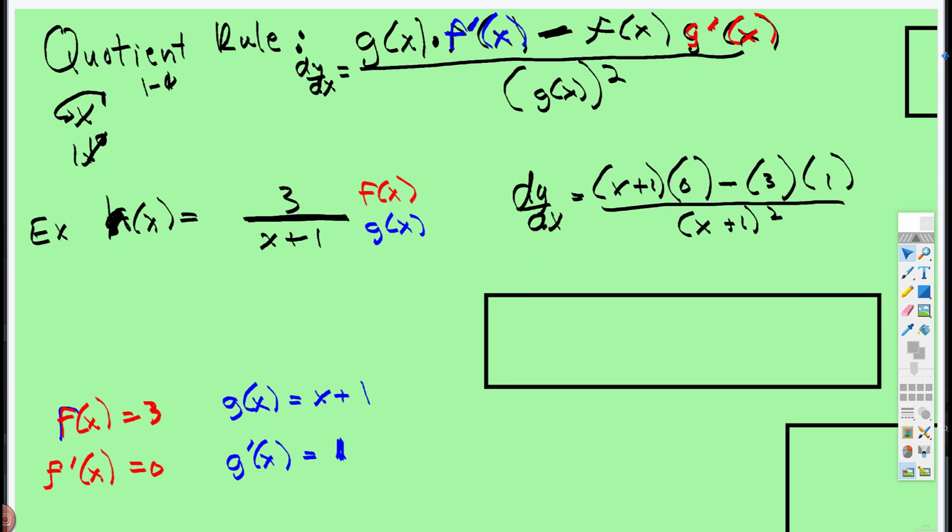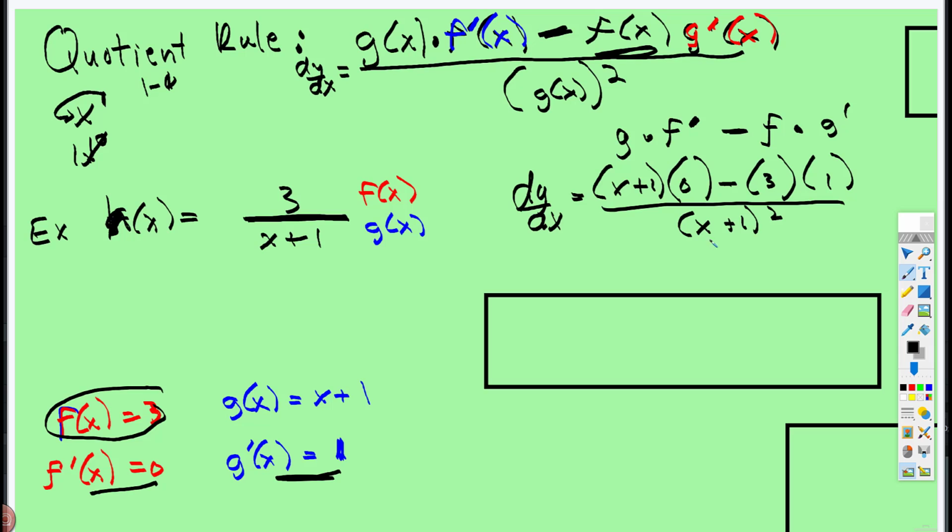Here, let's do this. So here is the g function. Here is times, here's the f prime. There's the subtract. Here is the original f, so right here, there's the original f times, here is g prime, all over g squared.